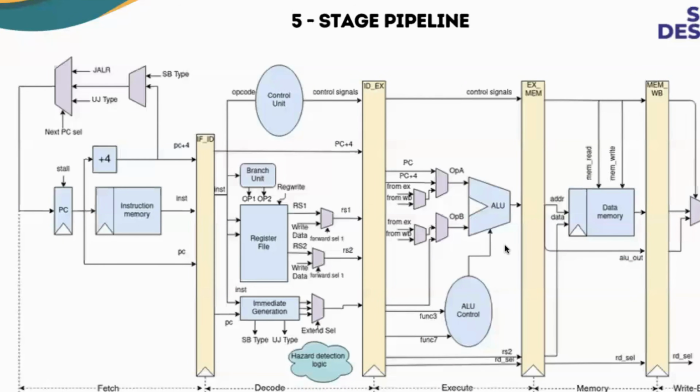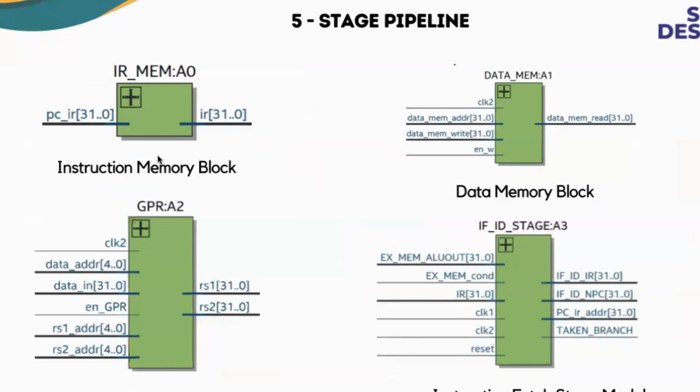So how are we going to design this five-stage pipelining using Verilog HDL? Suppose this is the instruction memory block, the first one. For this instruction memory block, we are going to write the Verilog programming. First we get the data from the program counter.